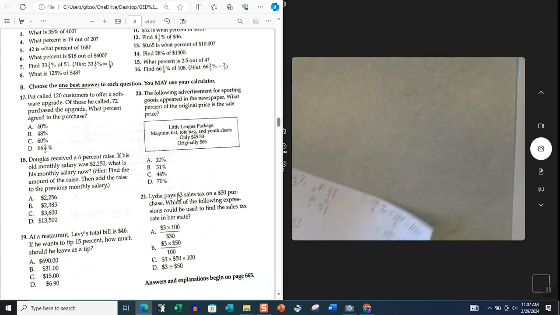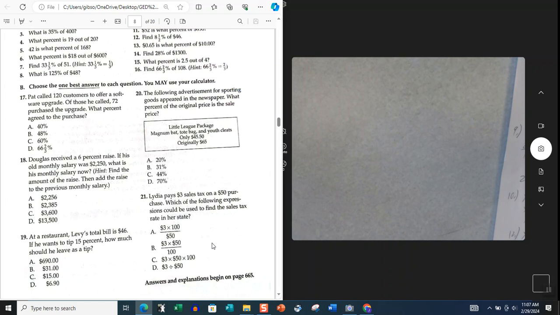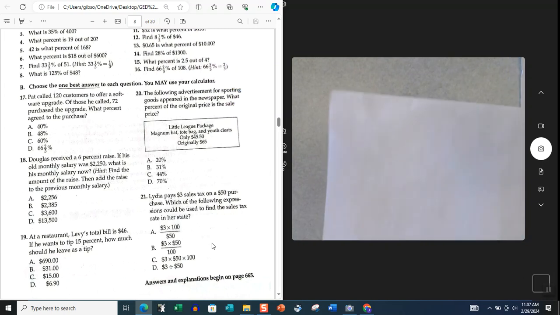All right, now, when we look at this last problem, it says Lydia pays $3 sales tax on a $50 purchase. Which of the following expressions could be used to find the sales tax rate in her state? Basically, we're trying to find the sales tax rate.